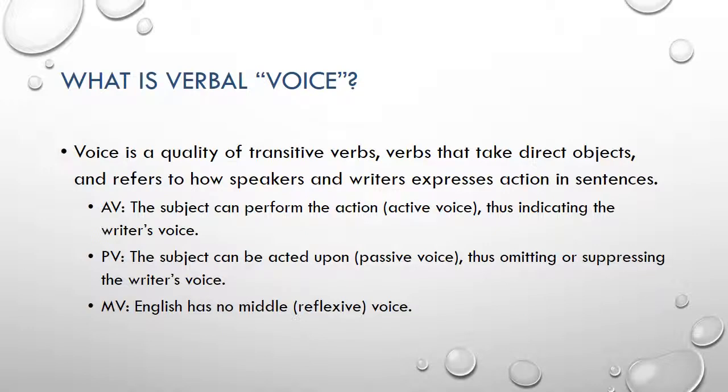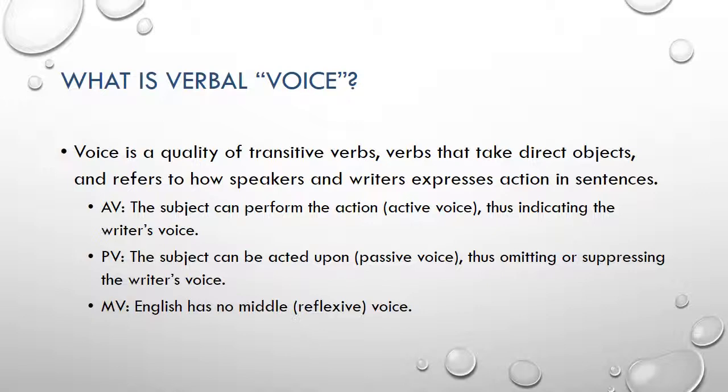What is verbal voice anyway? Voice is a quality of transitive verbs, verbs that take direct objects, and refers to how speakers and writers express action in sentences. Well, there's the active voice. The subject can perform the action, thus indicating the writer's voice. Or the passive voice.